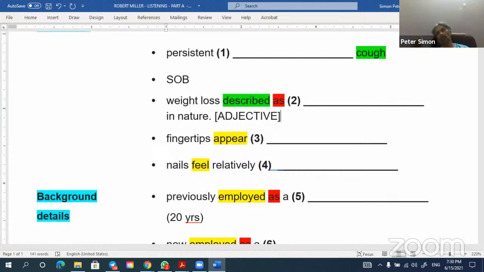So we'll be using an adjective, a describing word. Adjective is a describing word. So remember that you are getting an adjective. That's very clear now. So, described as, dash, in nature. Fine.